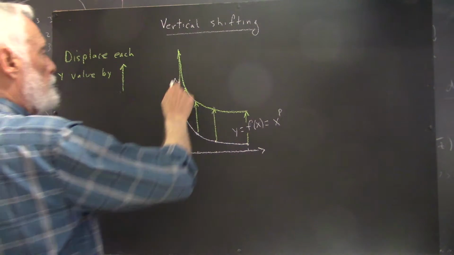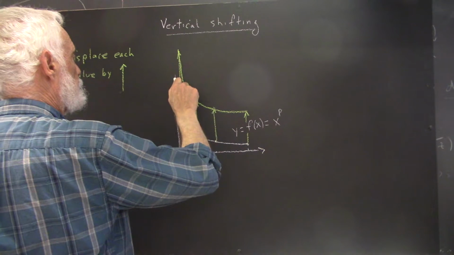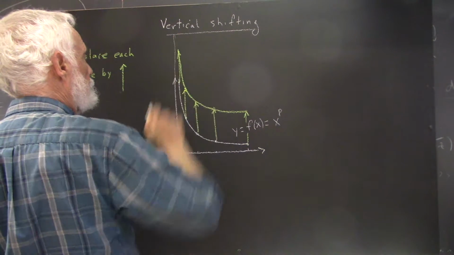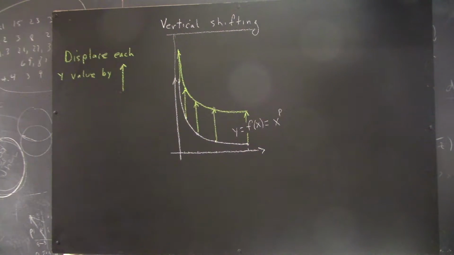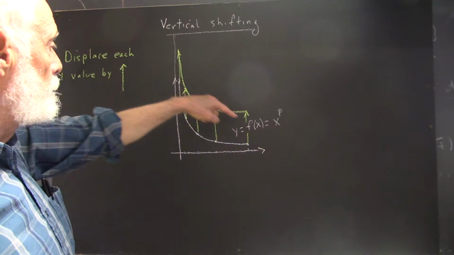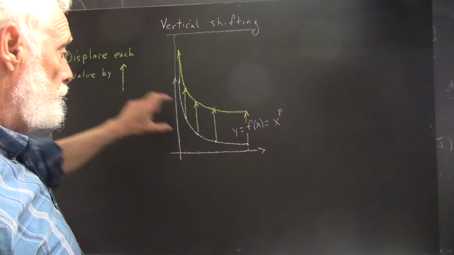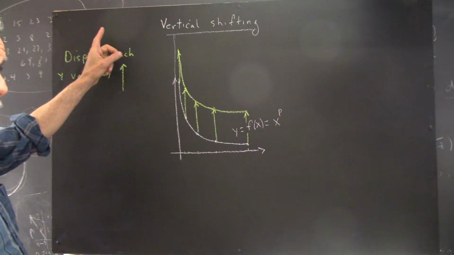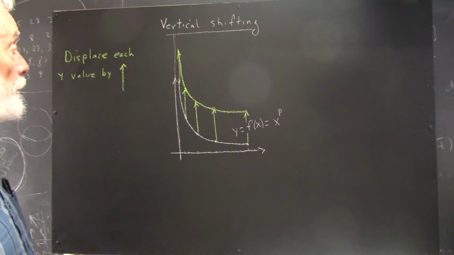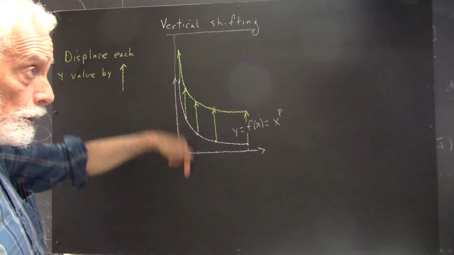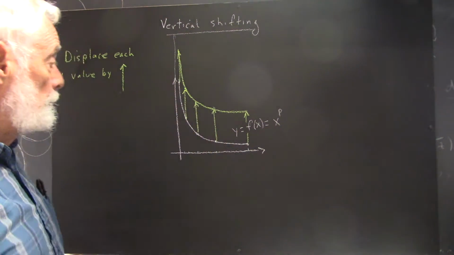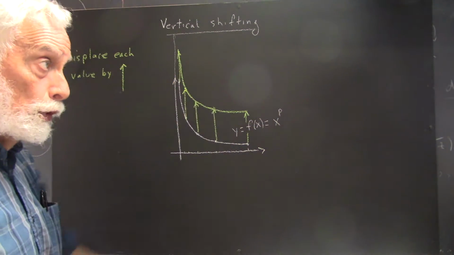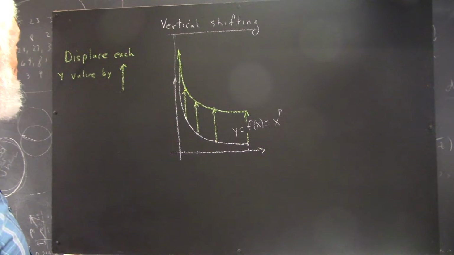Also, we could extend the y-axis, so that each point on this curve is this much higher than each point on the original curve. Now, the displacement doesn't necessarily have to be upward. What if the displacement was downward? Well, then every point would go that much lower. Some of the points would obviously then be carried to points lower than the x-axis, and that's perfectly all right.